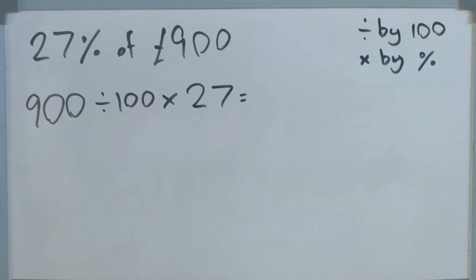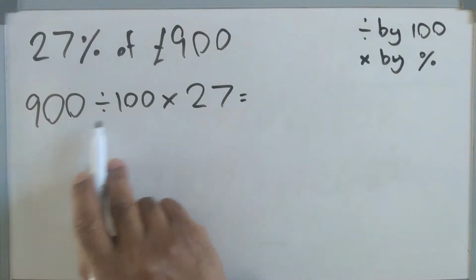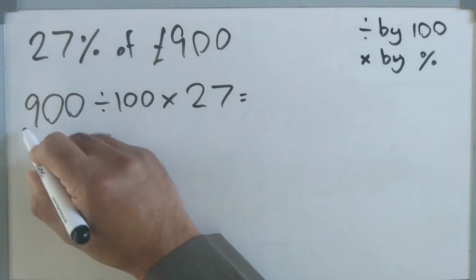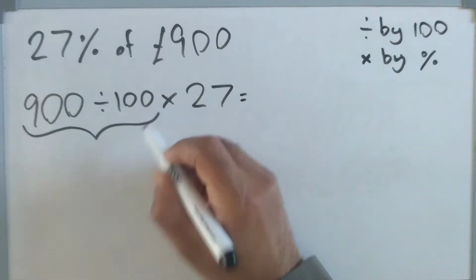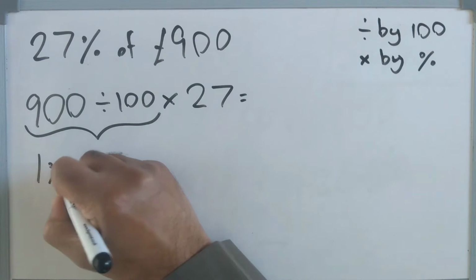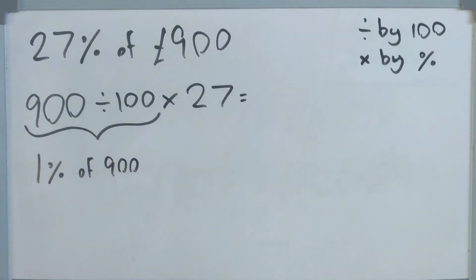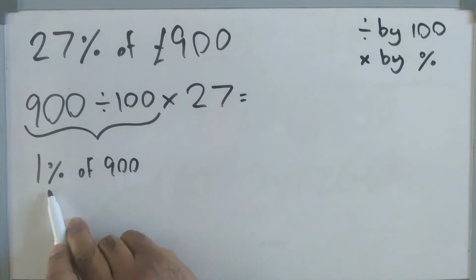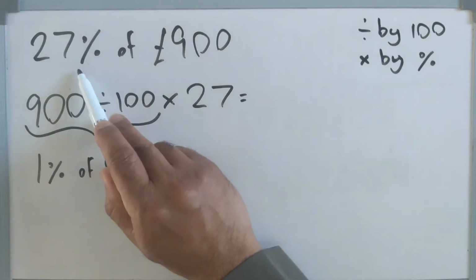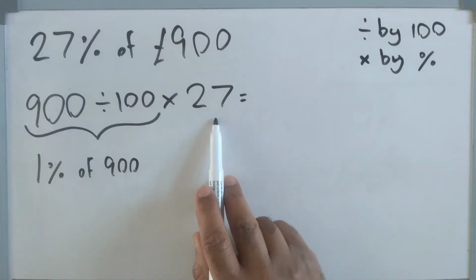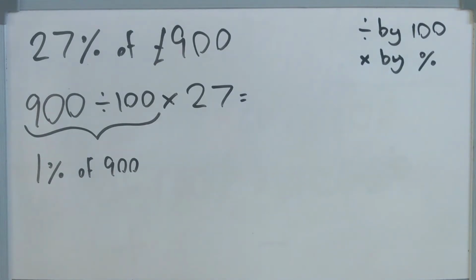Okay, so just a little explanation of what we've actually done. We've got the original amount, divide by 100. What that's done is given us 1% of 900, but we don't want 1%, we want 27%, so we times that by 27. So we can use a calculator for this.